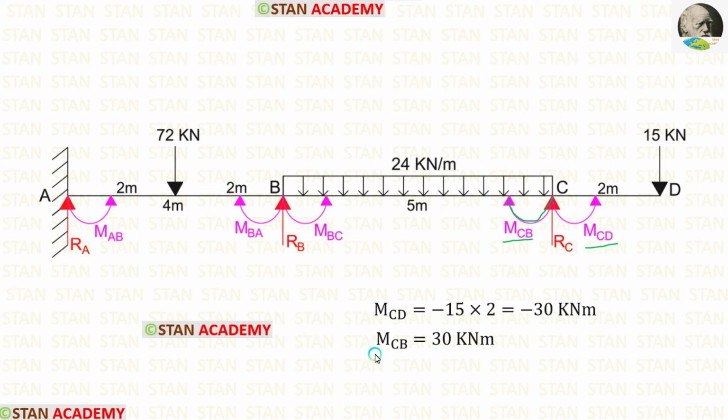In this concept, we can calculate MCB. MCB is equal to 30 kN meter. So it is the easiest way to calculate MCB. We have to just change the sign of MCD. So we will get a positive moment.